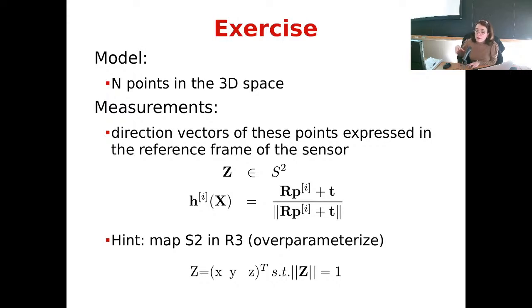Now, these elements of S2, which is the set of azimuth and elevation, can be over-parameterized as a vector of R3, meaning that instead of considering these two angles, we can consider directly a vector in the 3D space.